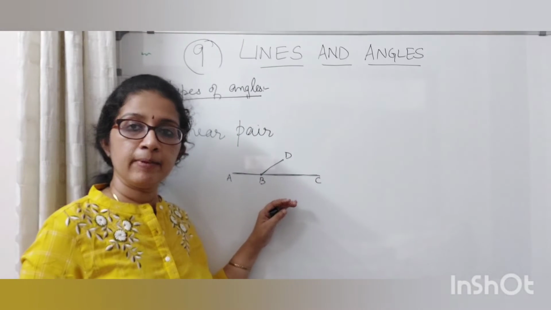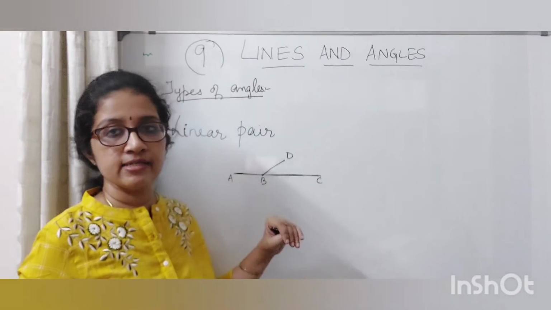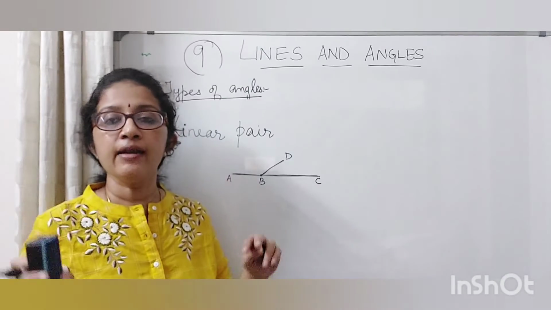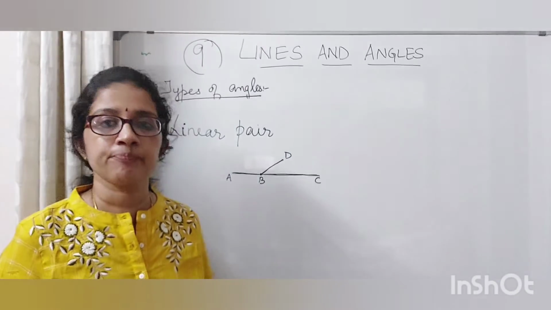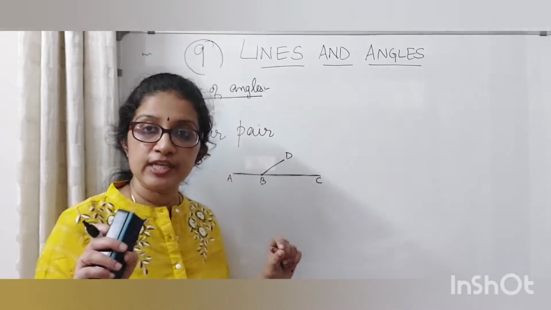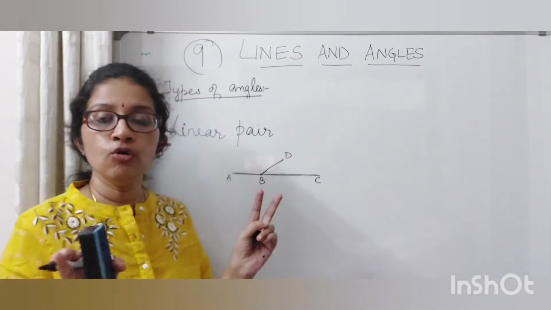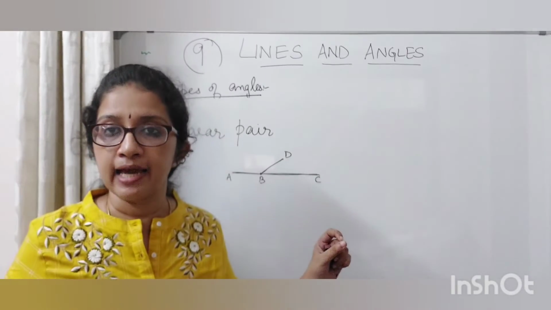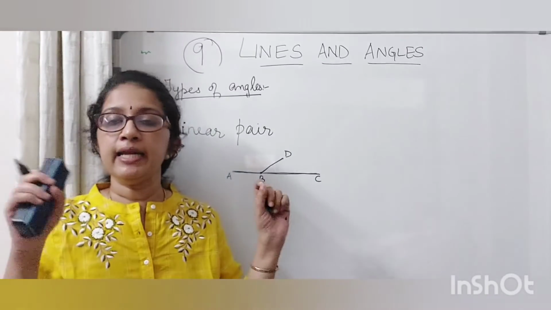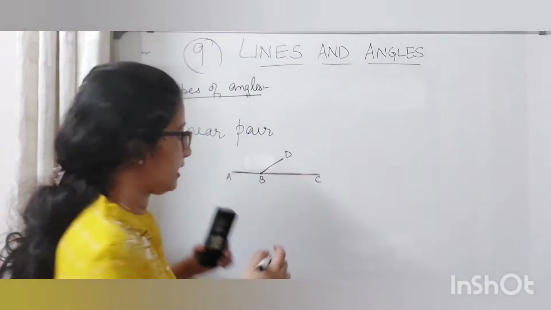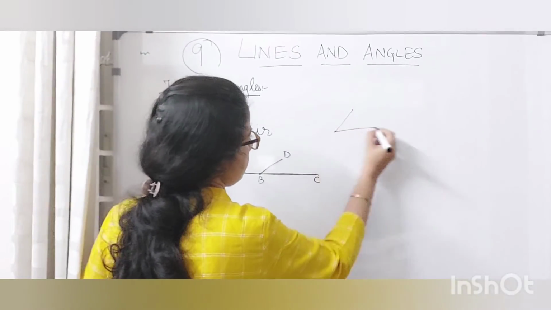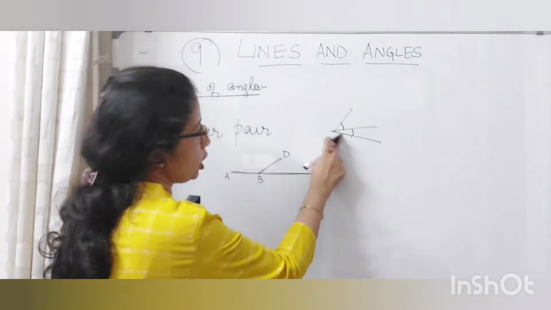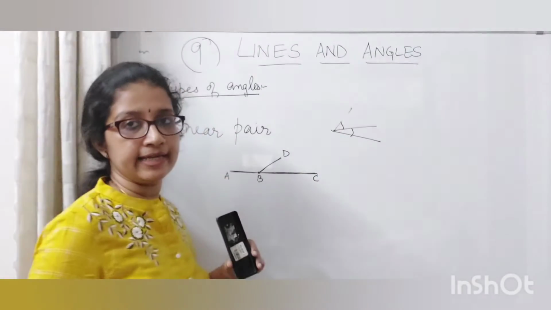So a linear pair is also an adjacent angle, but the special thing is that in a linear pair the two non-common arms form a straight line, whereas in adjacent angles they need not be in a straight line. See, these two are adjacent angles, but the non-common sides are not in a straight line.